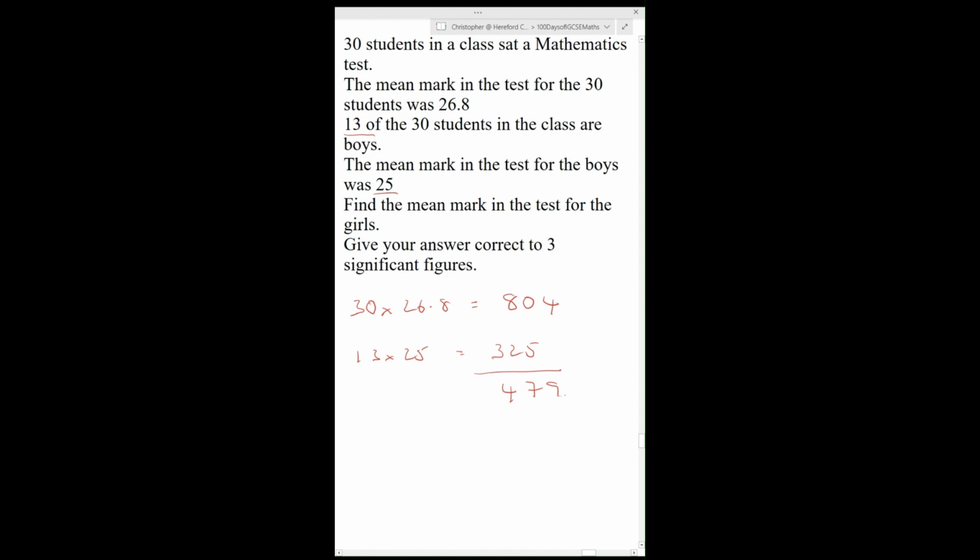Right, now how many girls were there? Well, there were 13 boys, so there must be 17 girls. So the mean mark for the girls will be 479, their total, divided by 17, which is 28.17, and so on. So to three significant figures, 28.2.